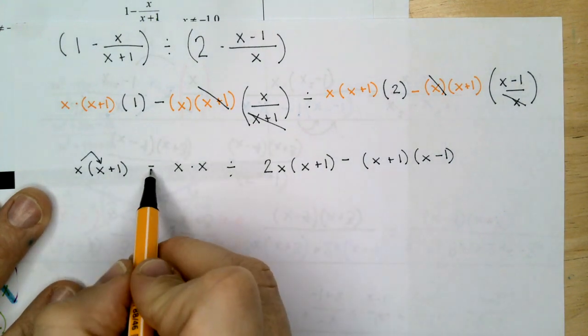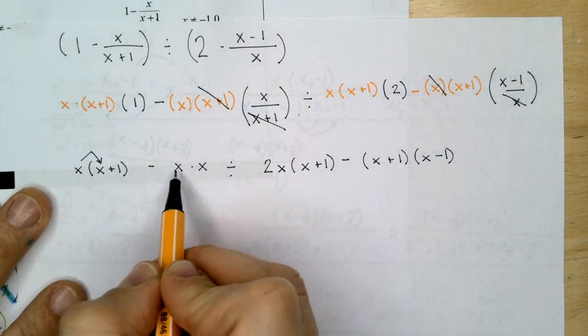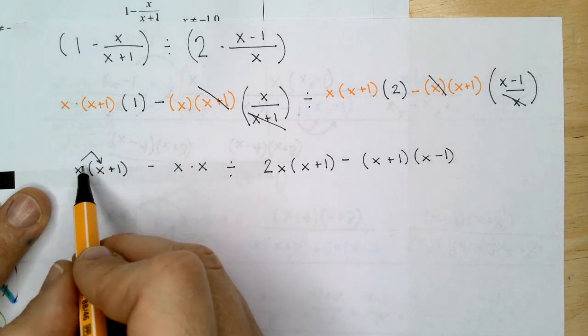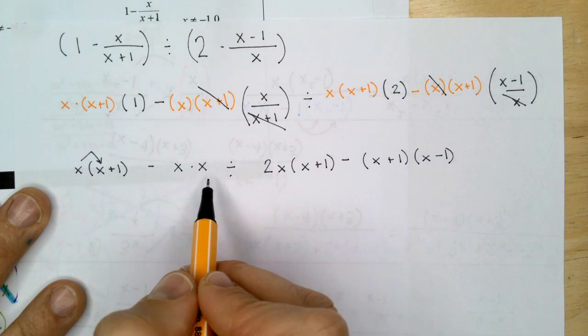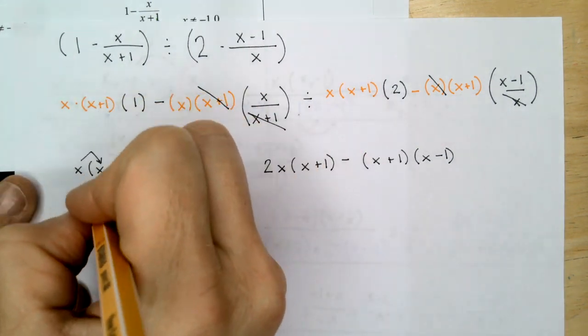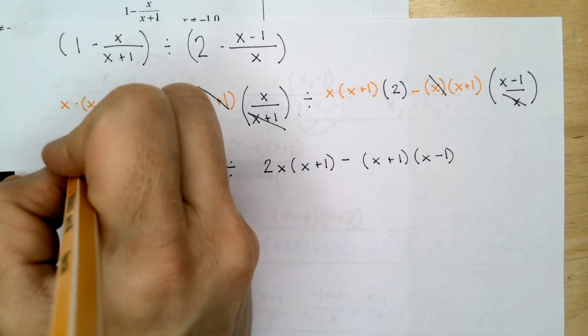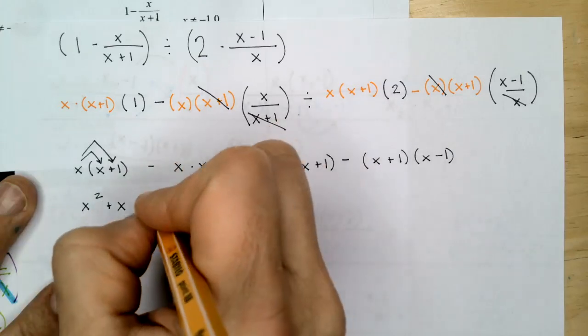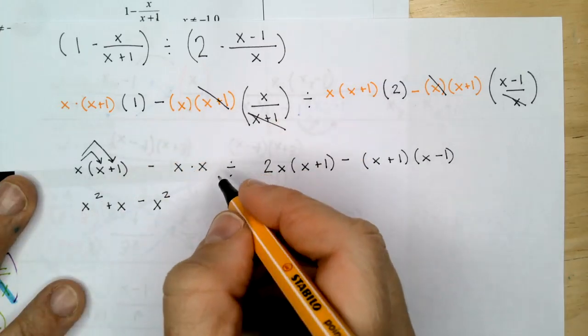Because of this minus sign, I cannot factor anything out, right? I need to instead use the distributive property to simplify, see if I can cancel anything out in this itself. x times x is x squared, x times 1 is x, minus x times x is x squared, okay?